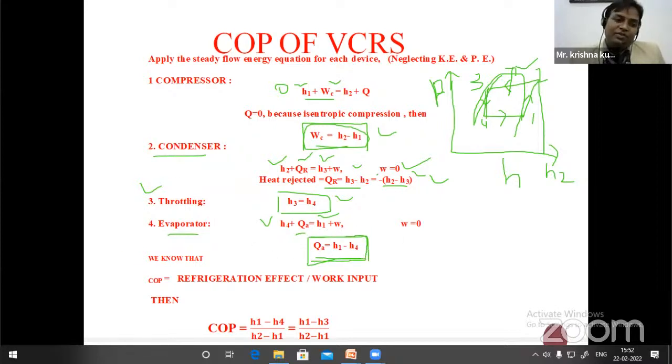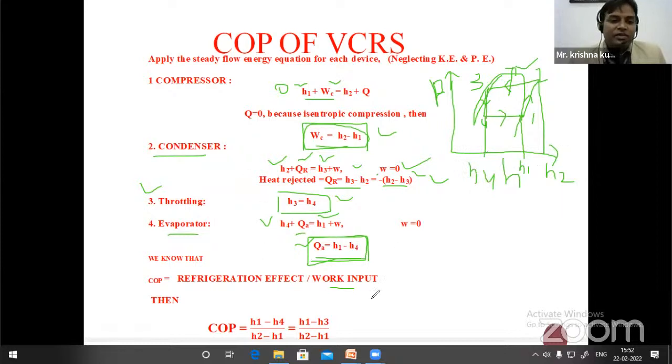Okay, so this is our work input in the compressor, and in the evaporator we are getting the refrigeration effect, our result, what we want. If we talk about the COP of the system, that is basically the refrigeration effect divided by the work input. The refrigeration effect is the amount of heat absorbed from the storage place, which is QA, in terms of enthalpy H1 minus H4. So this H1 is here and this H4 is here.